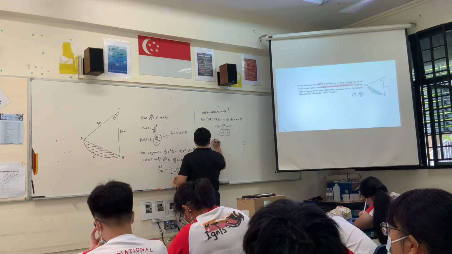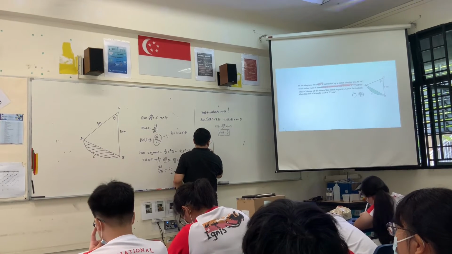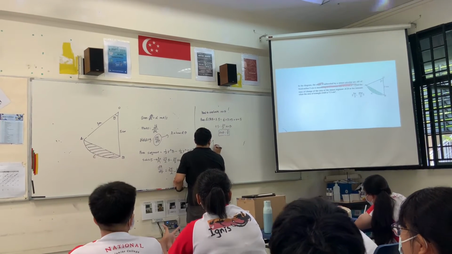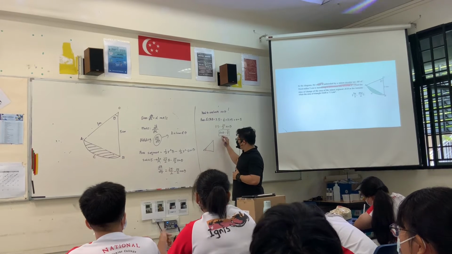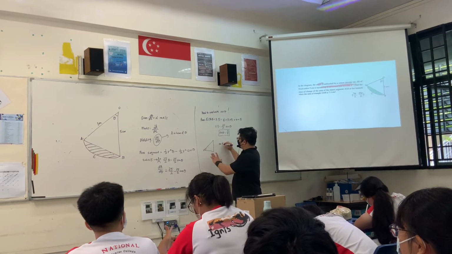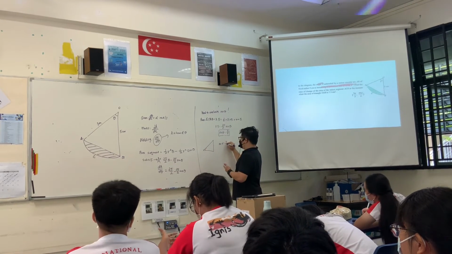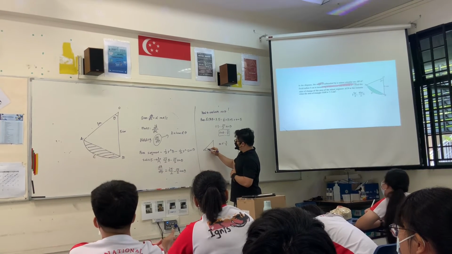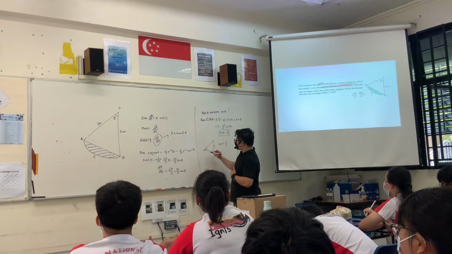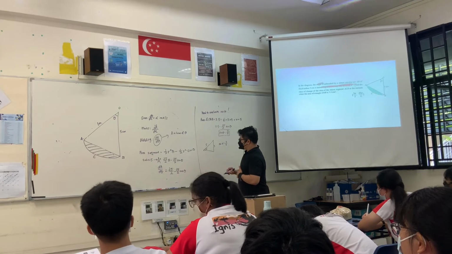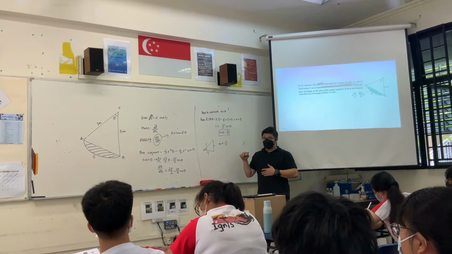So if sine theta is 3 over 5, just imagine, let's say I use alpha. Can I say that sine alpha is also 3 over 5? So this is alpha, and this will be 4. Right angle triangle.